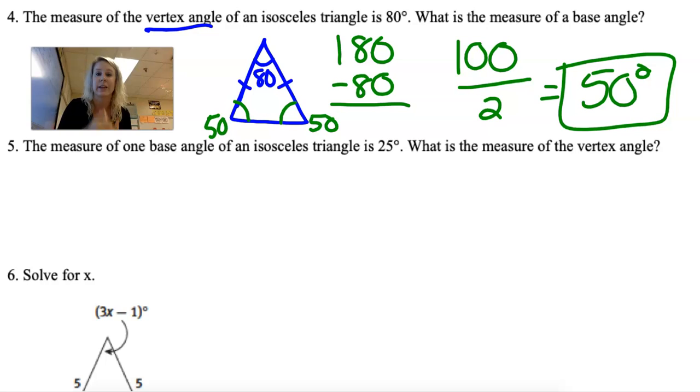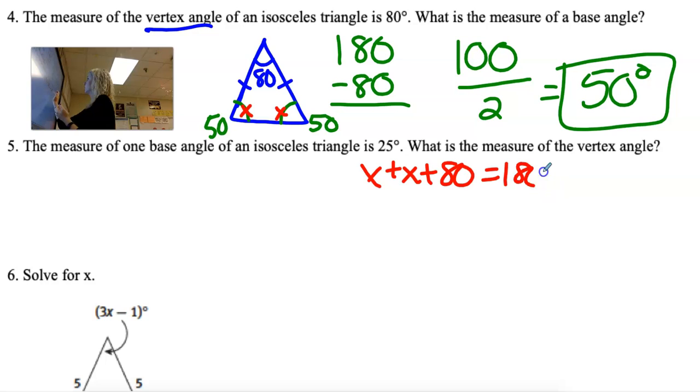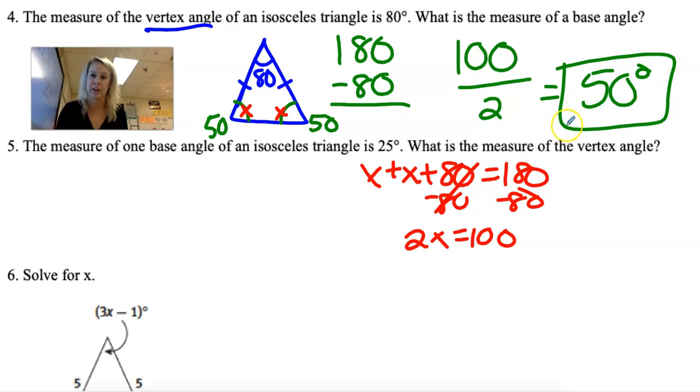Now if you wanted to do it the algebraic way, I know my base angles are the same. I don't know what they are, so I can call them x. Then you could write an equation for the triangle and say x plus x plus 80 equals 180, using our triangle sum theorem. Solving this is going to get you the exact same thing: 2x equals 100, divided by 2, and you're still going to get 50.